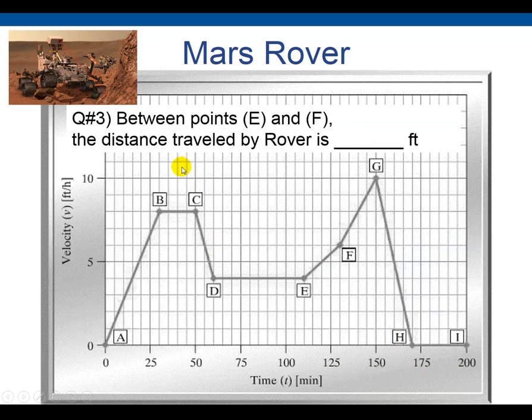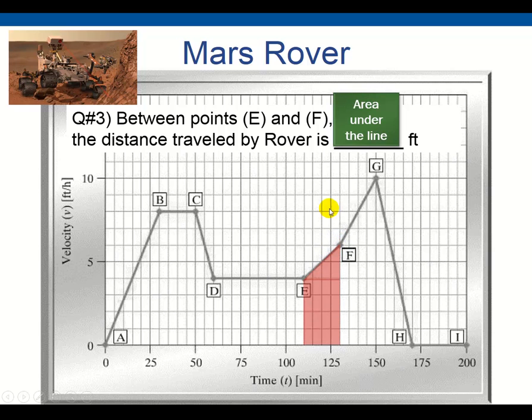The last question is between points E and F. How much is the distance traveled by the rover? You can see the velocity is still 4 feet per hour and slightly increases to 6 feet per hour.